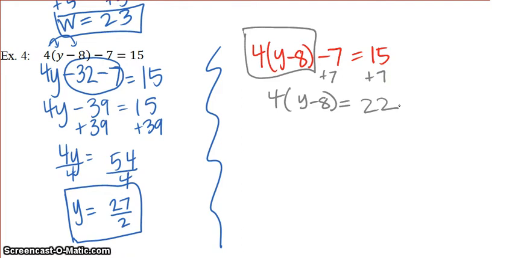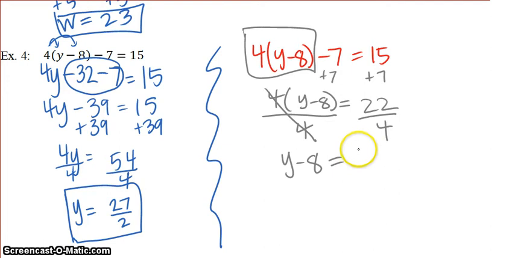Okay, and now this again is linked, so I can actually divide, since this is being multiplied, I can divide by 4 because these will cancel out. So if I divide by 4, I get y minus 8 equals, and that's actually going to be 11 over 2. Okay? So again, your mind is going to start helping you think of what is linked together and what's not and when you can do what.